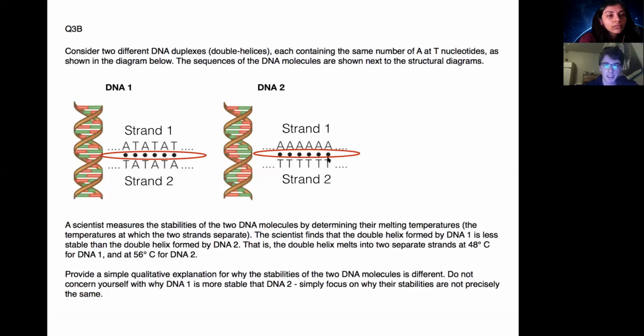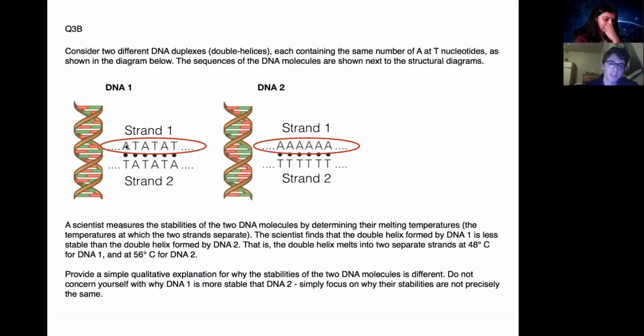But going back to the earlier concepts, you know that the major contributor to strand formation is the base stacking. So if you look at the strands from another perspective, the base stacking interactions on the same strand, you'll see that they're actually different for DNA 1 and DNA 2. Because in strand 1 you'll see adenine, thymine, and in strand 1 of DNA 2, you'll see all adenines.